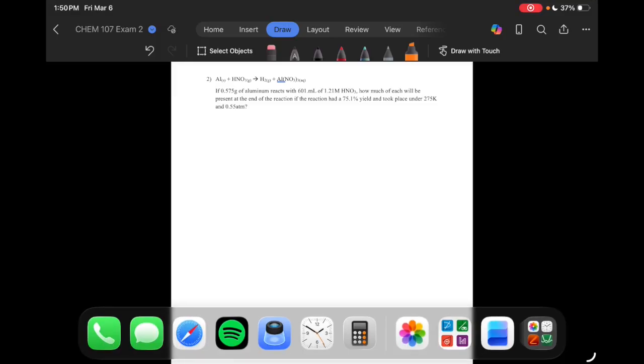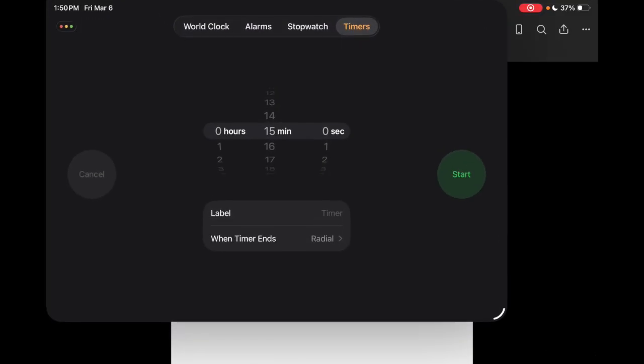So I'm going to set up a 15-minute timer, and I'm just going to try to solve this as quickly as possible. You can try to follow along. I'll be saying the steps, or my thinking, out loud so you guys can hear what I'm thinking. Get your pencil ready if you want to follow along, and I'll begin.